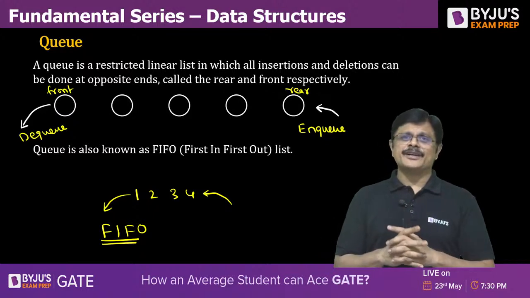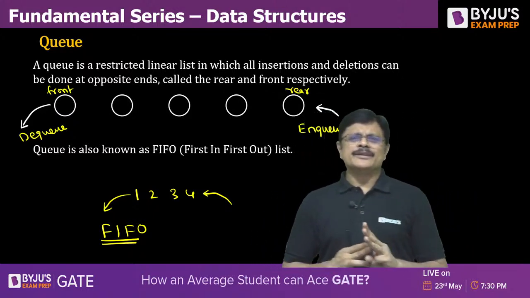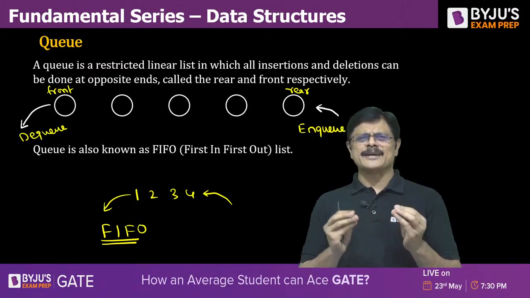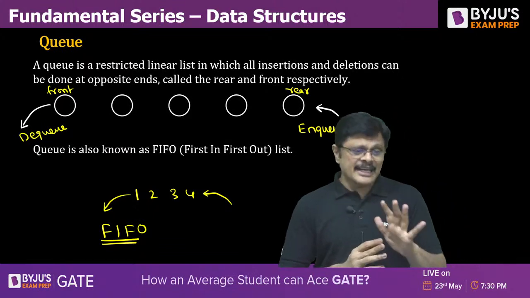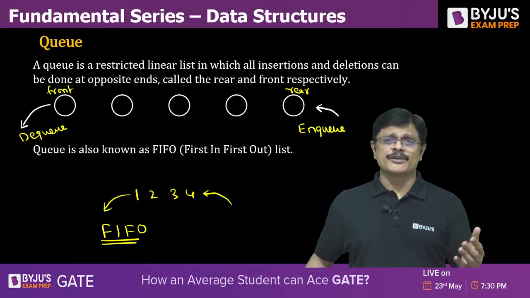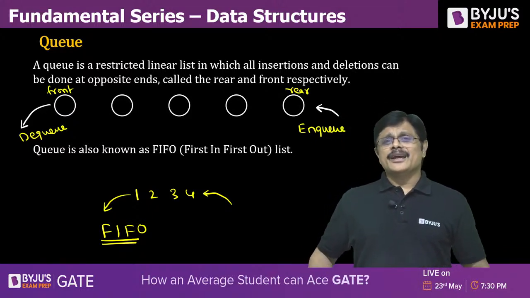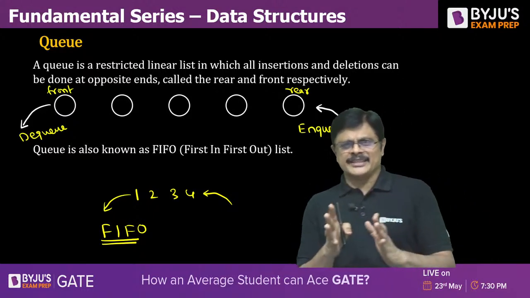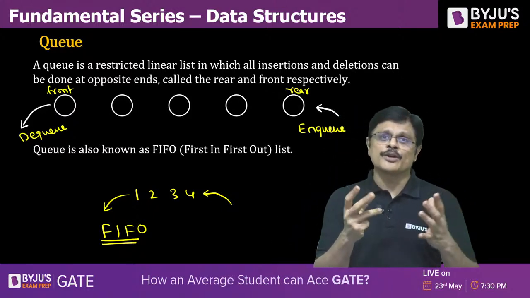See, in today's session, the main discussion would be implementation of queue. But before starting implementation, let us take some general problems. In the GATE examination, I will take the last year 2023 GATE exam question, or the 2022 GATE question. My dear friends, in recent GATE they are asking these general logical questions.